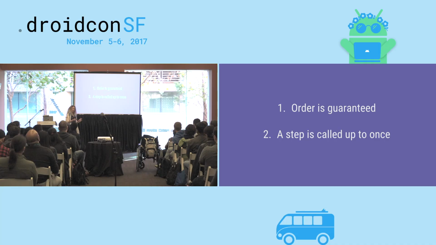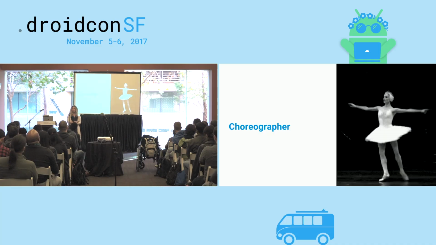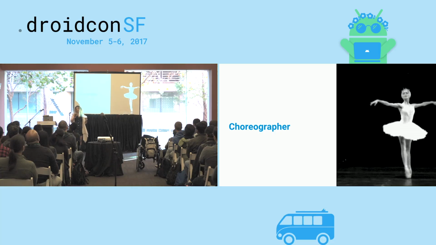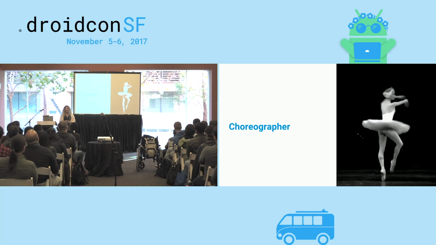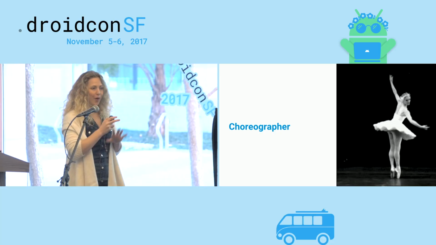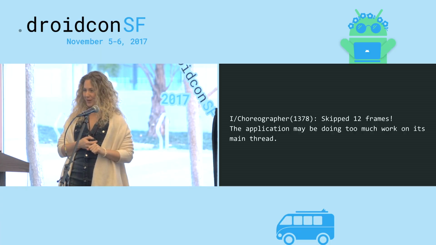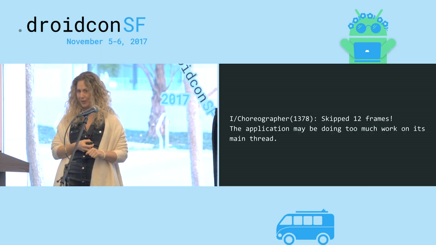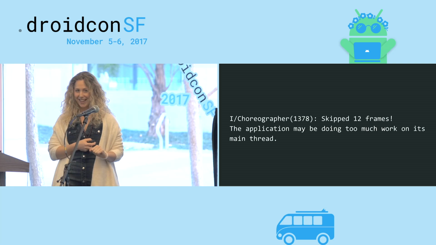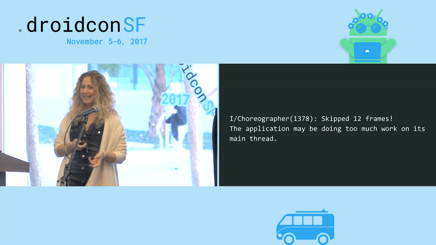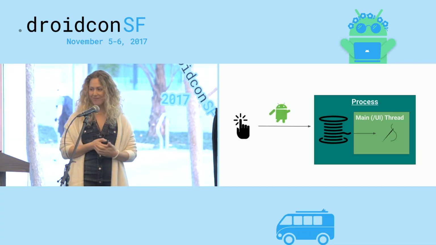So this is also something important to know. Well, how does this happen? We have a really nice lady. She is the choreographer for all of this. You probably know her. She was probably yelling at you once or twice on the logcat, right? That you missed frames. And let's see a little bit of her story.